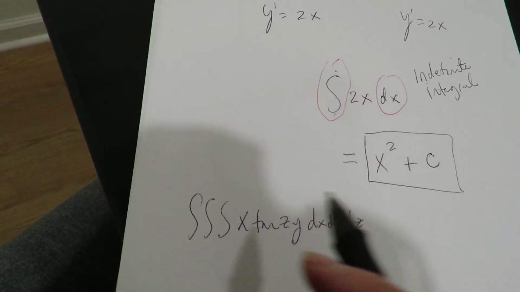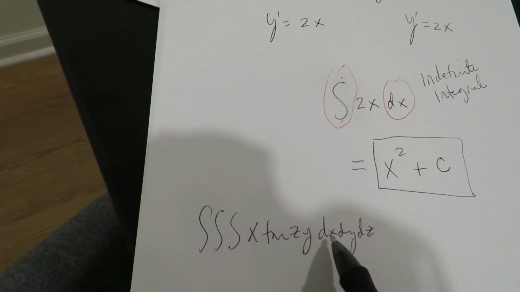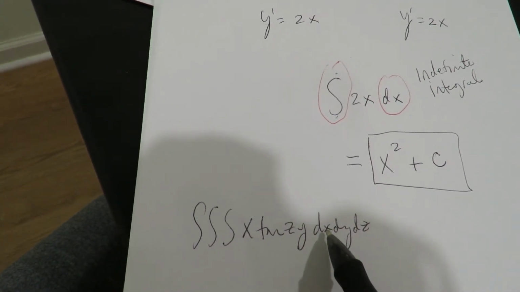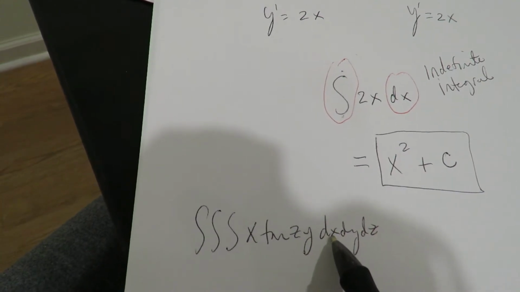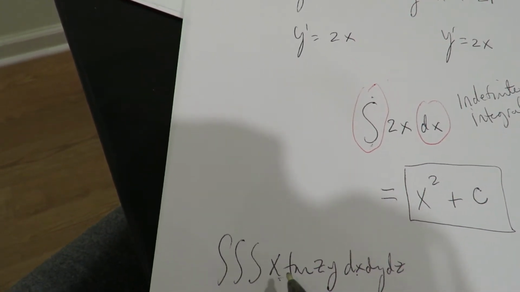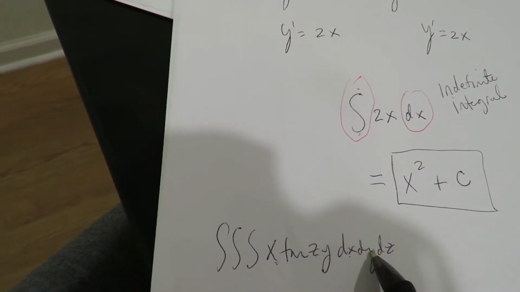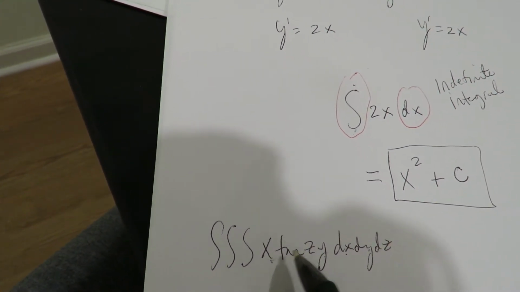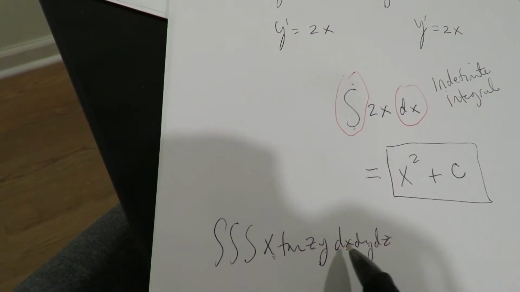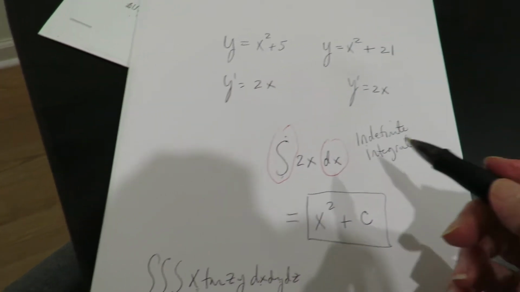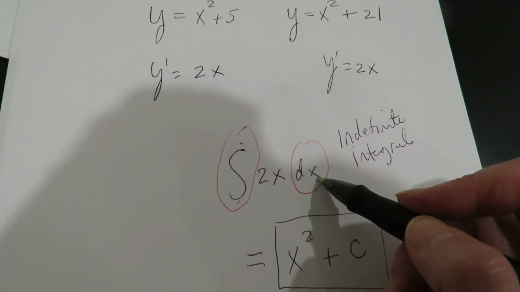As you go up the level in mathematics, you have to be clear on which variable you're integrating over. If you're integrating over dx, then x is a variable and y and z are constants. If you're integrating over y, then y is the variable and x and z are constants. So this little guy at the end is really important because it tells you who the variable is.